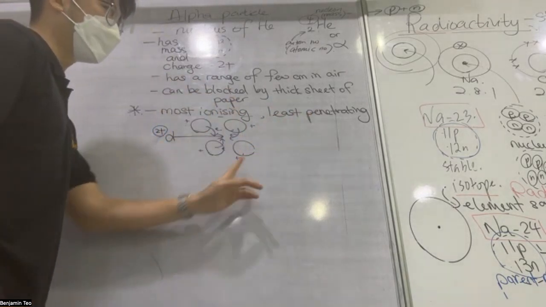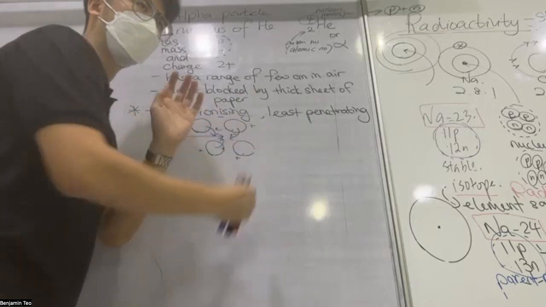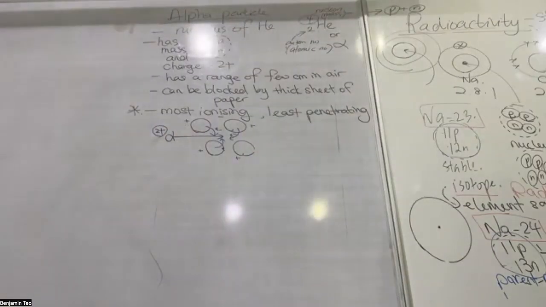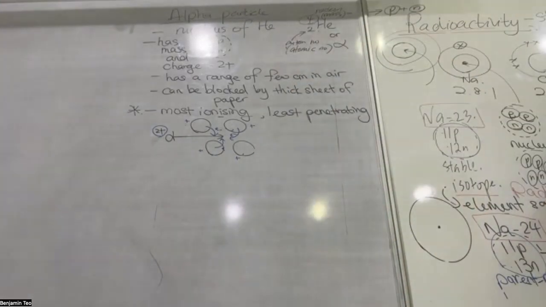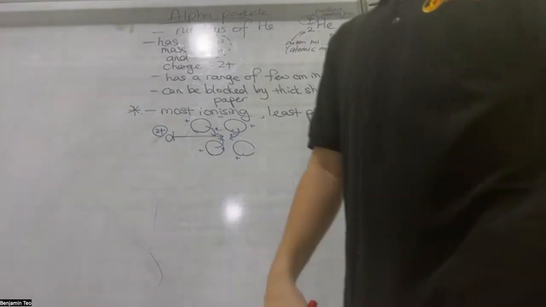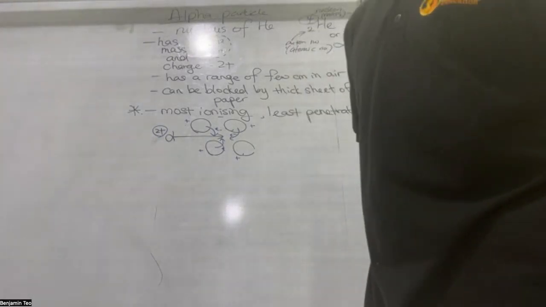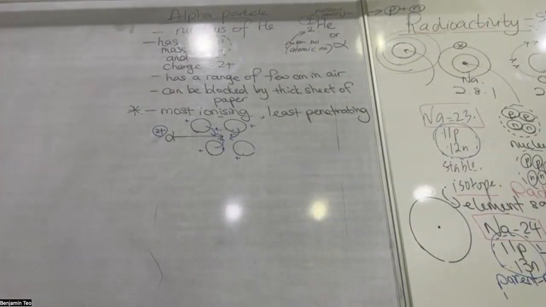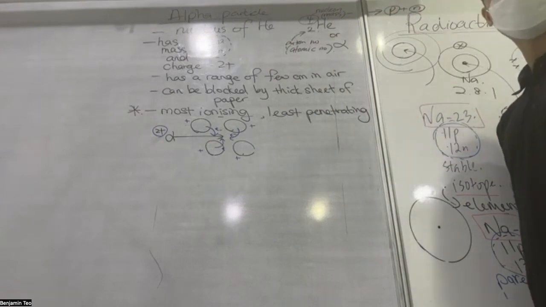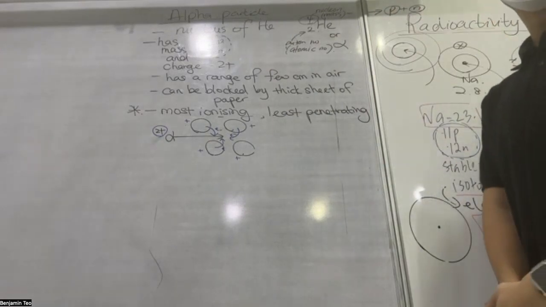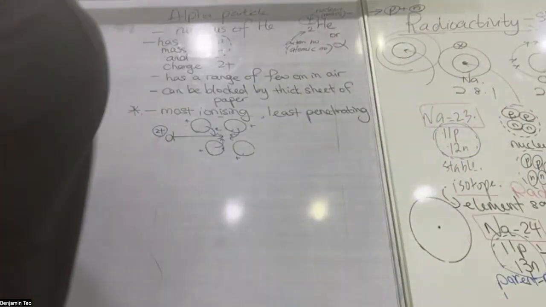It doesn't penetrate much. 它不可以这样容易过，它可以很容易 block 掉。Okay, so that's all for alpha particle. Okay, this is all you need to know. Properties of alpha particle. Then we will go to beta particles.